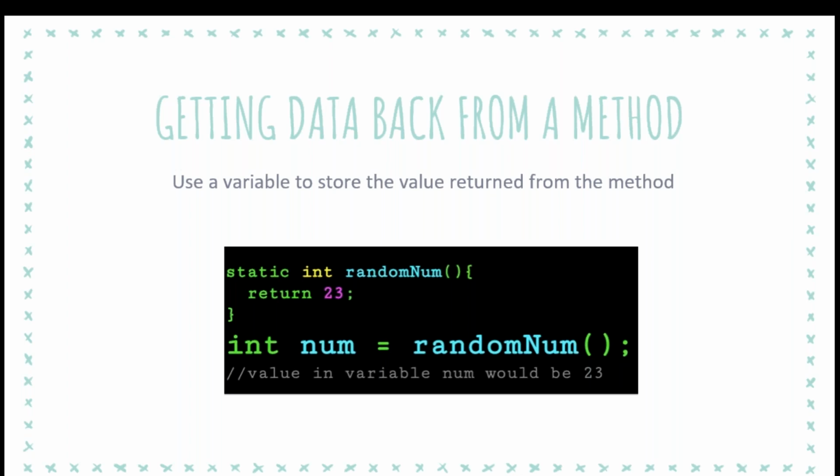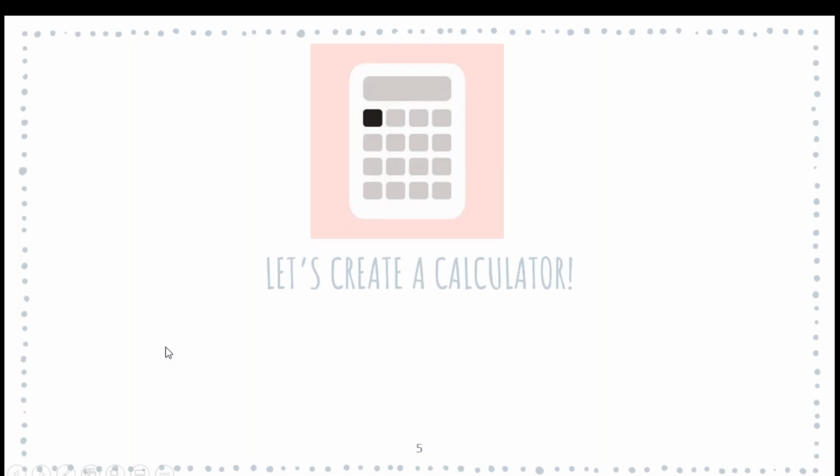Then we use that variable to store the value, so the number would be 23. That's the core idea of data and methods and how we can use those in our math today. Don't worry if this seems a bit daunting right now. I'll be going over many examples today and showing you how this works in action in the code, and hopefully by then the concepts will all be clarified.